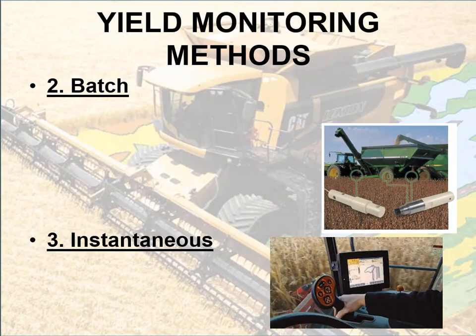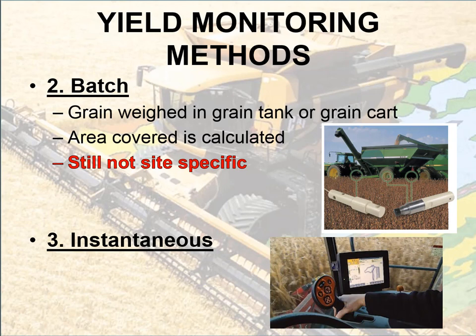The second method is what we call the batch method. It's along a similar line as the first one, but here we break it down into smaller areas. Imagine taking out a test plot. We combine out a strip of the test plot, dump the crop into a weigh wagon, and weigh it. We measure the width and calculate the area.